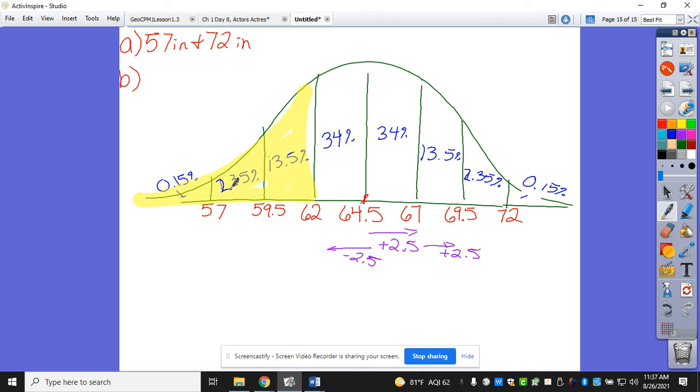Which means the answer to B is what? What's even easier than adding these three together? What is half of the graph? 50, but I don't want this part, so 50 minus 34. I would think it would be easier there.